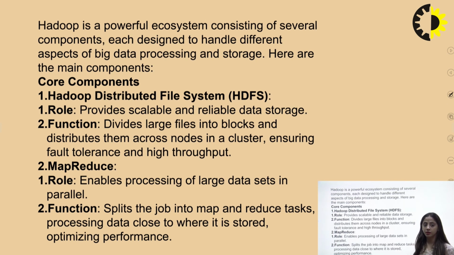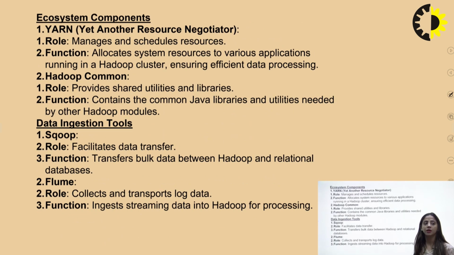MapReduce: the role of MapReduce is to enable processing of large data sets in parallel. Function of MapReduce is to split the job into map and reduce tasks, processing data close to where it is stored and optimizing performance.